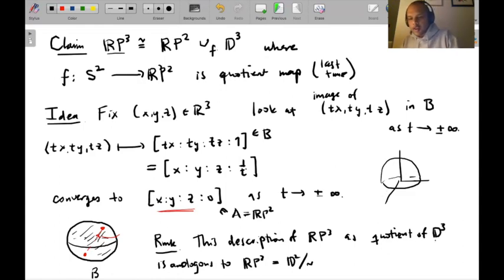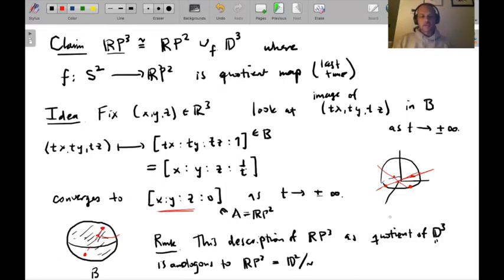In this analogy, you should think of the three-dimensional disk as the upper hemisphere in the three-dimensional sphere. So everything's one dimension up. Points on the boundary of this disk are identified as antipodal points, since lines through the origin that are in this plane pass through two points here.